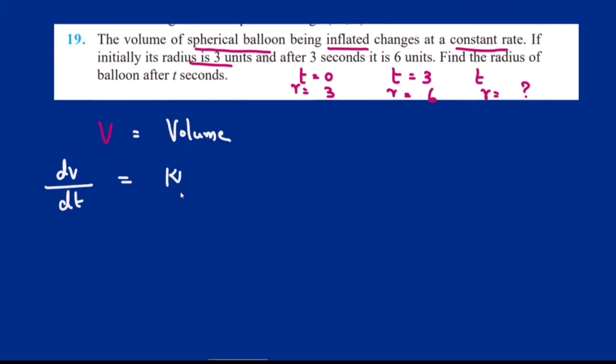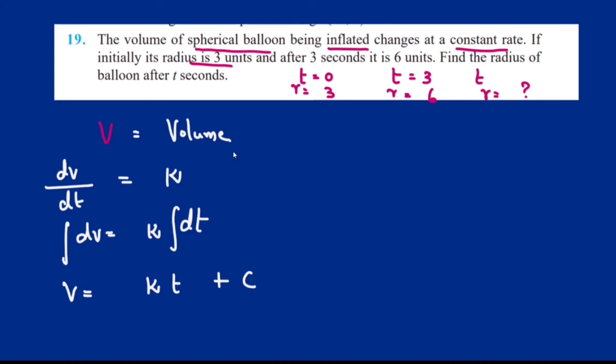dV by dt is equal to k. Now separate the variables. So dV is k dt. Now integrate. V is kt plus c. It is a spherical balloon. The volume is, so let us take r as the radius, 4 by 3 pi r cube.